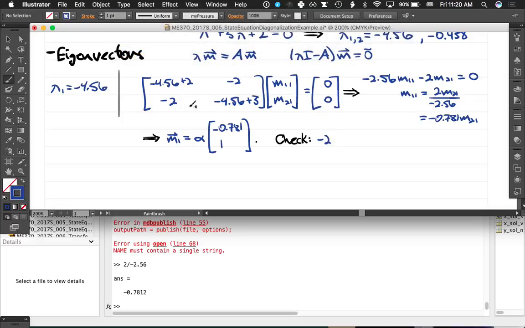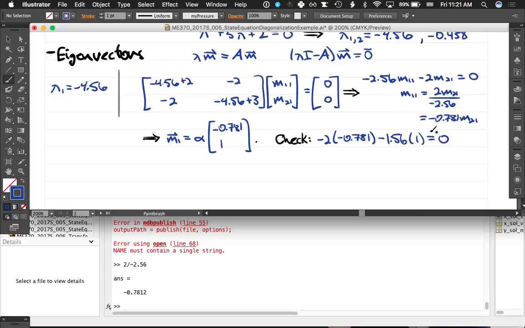Negative 2 times m11. So let's plug in m11, which is negative 0.781. Plus, what is this? This is negative 1.56. Well, I'll do minus 1.56 because it's negative, times m21, which is just 1.